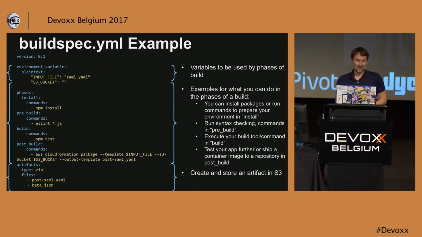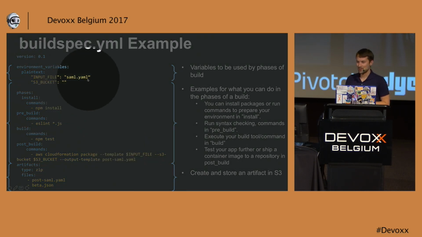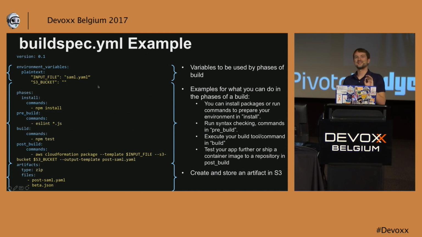Let's keep it up. So this is an example of a build spec. The best part about this file, by the way, if you lend me your ears for a moment, is saying buildspec.yaml. Just say that 10 times fast, see what happens. You can build all of these different phases.